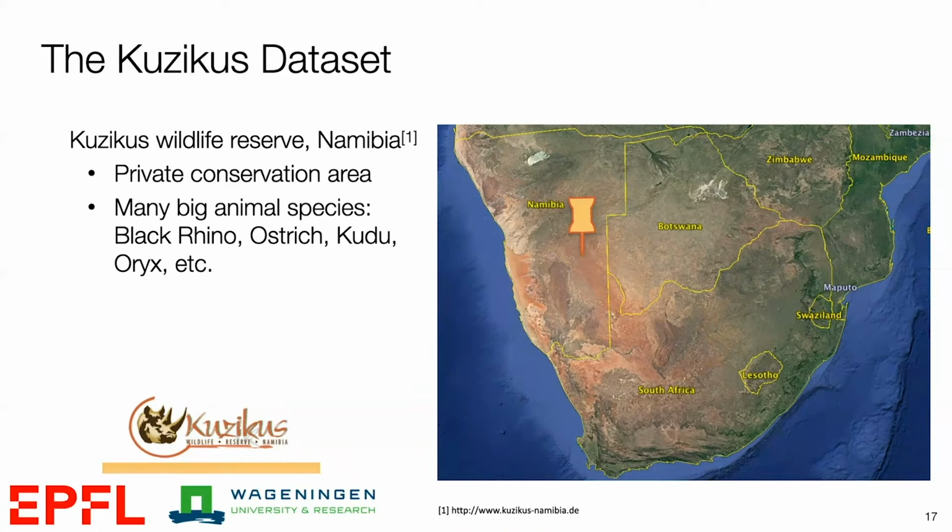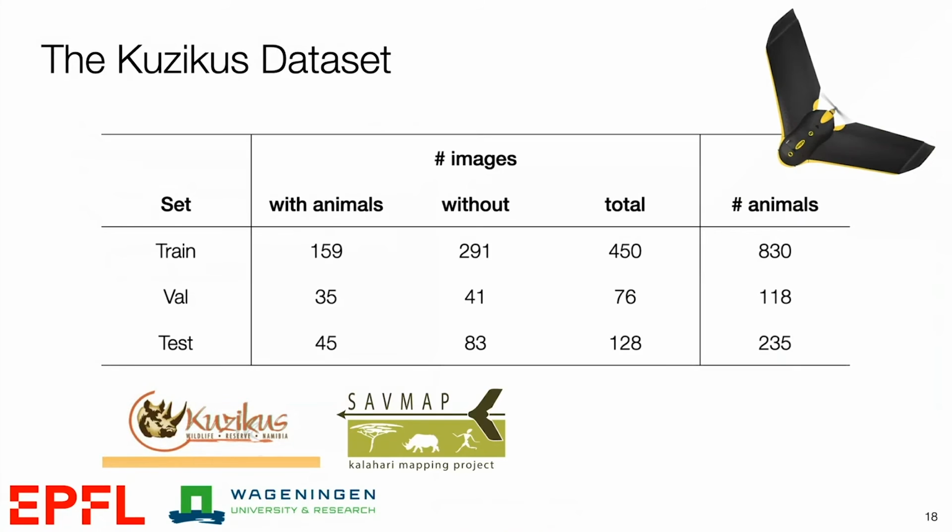And we took a drone there and acquired a number of images, and we split them up into different sets as usual. We made sure to have these sets completely disjoint spatially so that we don't have any autocorrelation, and to also have them kind of balanced in the number of empty images and the number of animals. We did a 60, 10, 30% split.